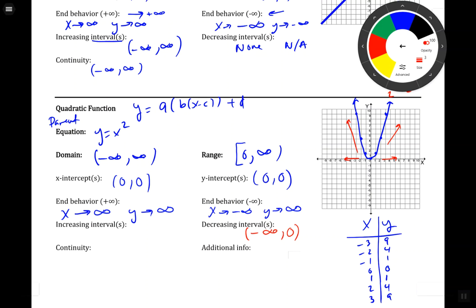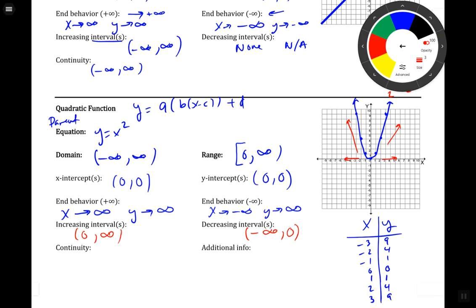So where is it increasing? If I go from 0 to the right, is it increasing everywhere? So that's going to be what? 0 to infinity. Is this function continuous? Yeah, what's it continuous on? What's the interval? To draw that, did I pick up my pen? Are there any holes?